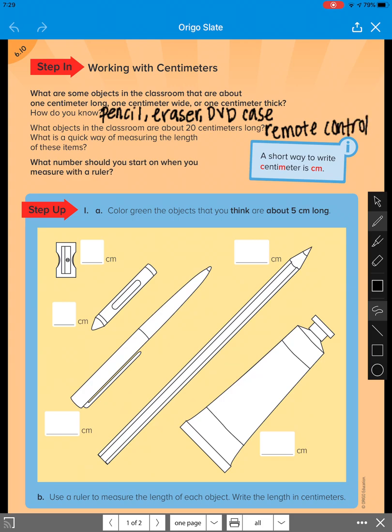Next it says, what is a quick way of measuring the length of these items? Well, you could use a ruler. A ruler would definitely be helpful.